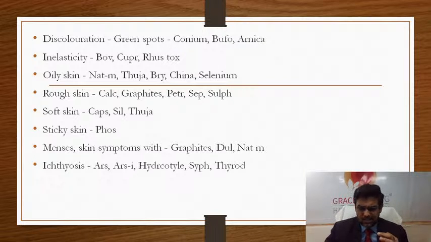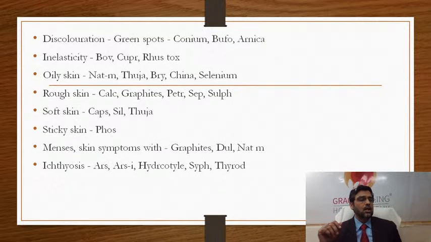This is the typical skin of Hydrocotyle, a very, very important remedy for skin conditions. Of course, there may be a lot of skin symptoms in Hydrocotyle, but these are the most important symptoms that I have seen and prescribed on.